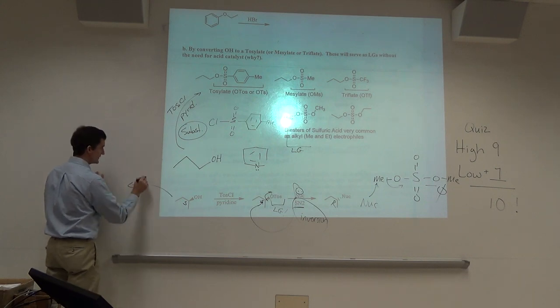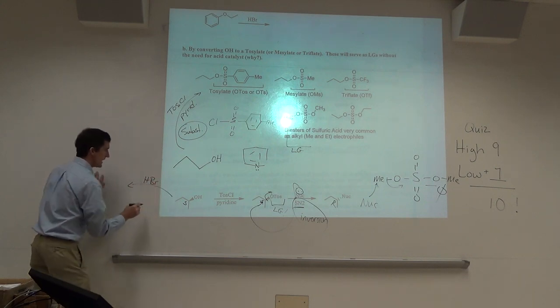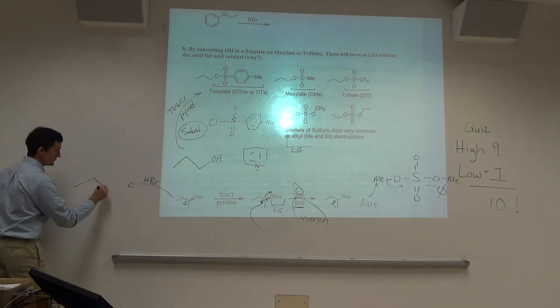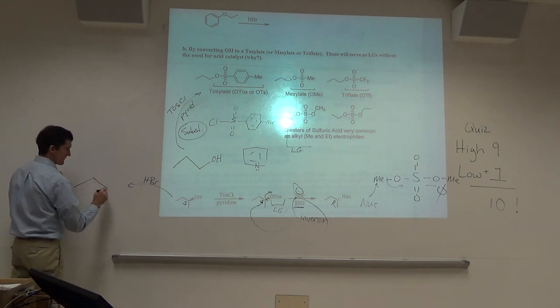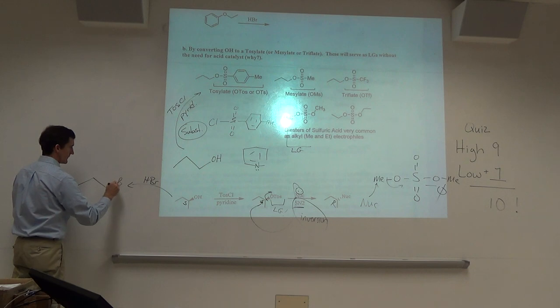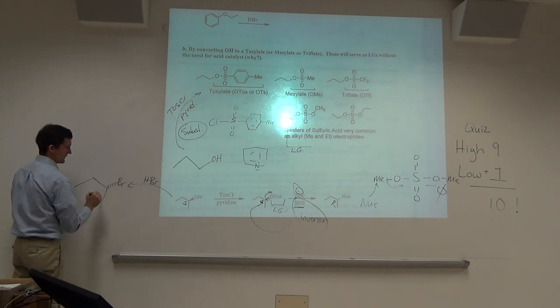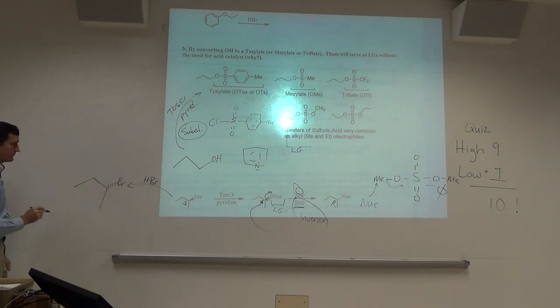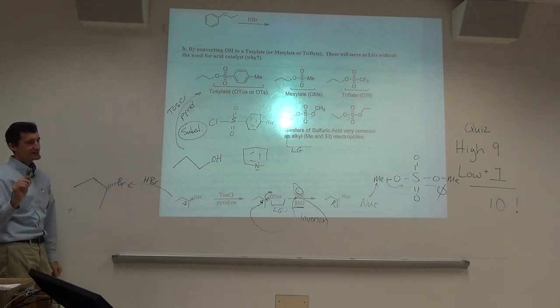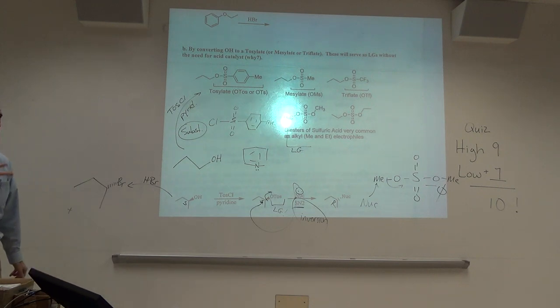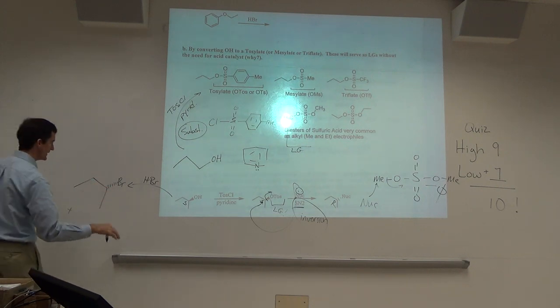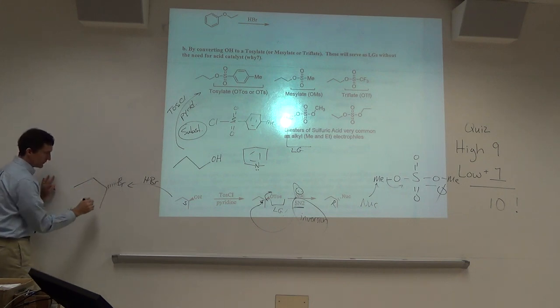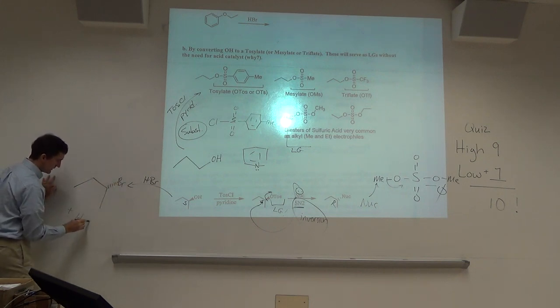What if we react this with HBr and convert it to the alkyl bromide, plus what? Well, this is actually not a new way. It's sort of a new way with another new way in there. Plus what? Plus water. Yeah.